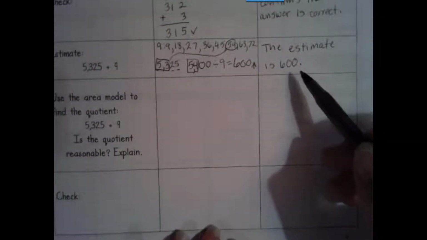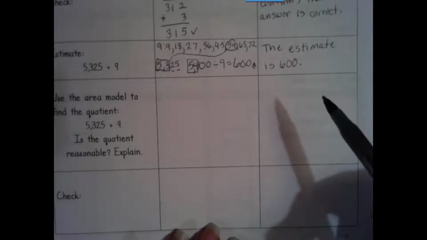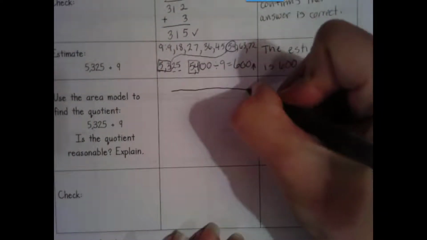The estimate is 600. But that's going to give me a hint. If 600 is too big, then I'm going to try 500 to take out my largest group to begin with.